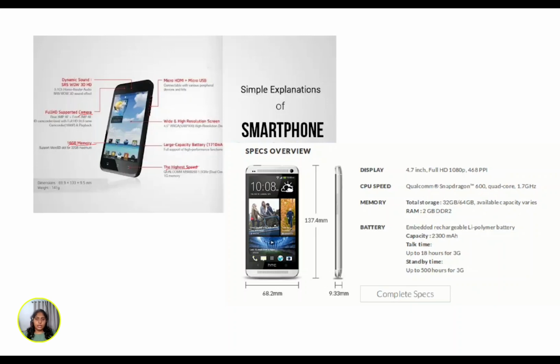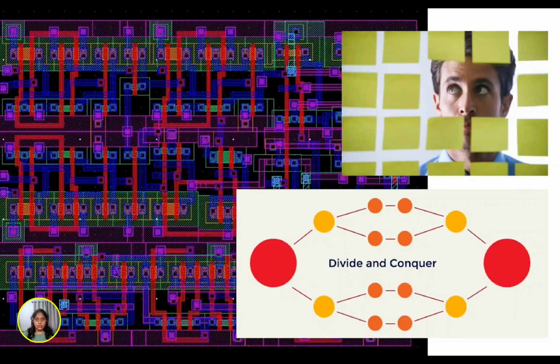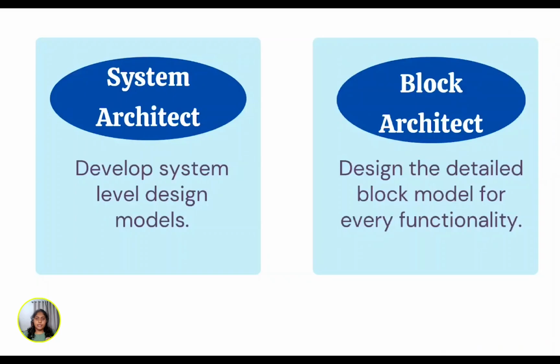We all know that electronic chips have billions of logic gates. It would be impossible to design a chip of this complexity in one go. So the entire chip is divided into functional blocks. Each block is handled by a separate team. The block architects design the detailed block model for every functionality, while the system architects develop the system level design models.